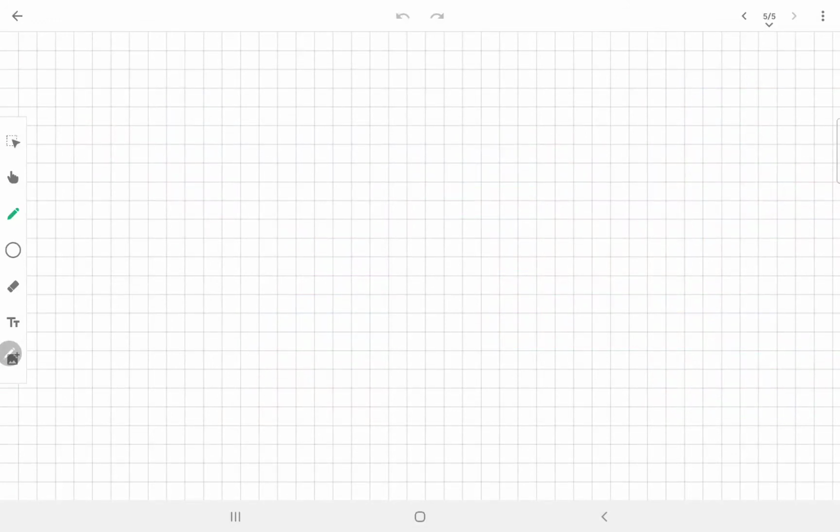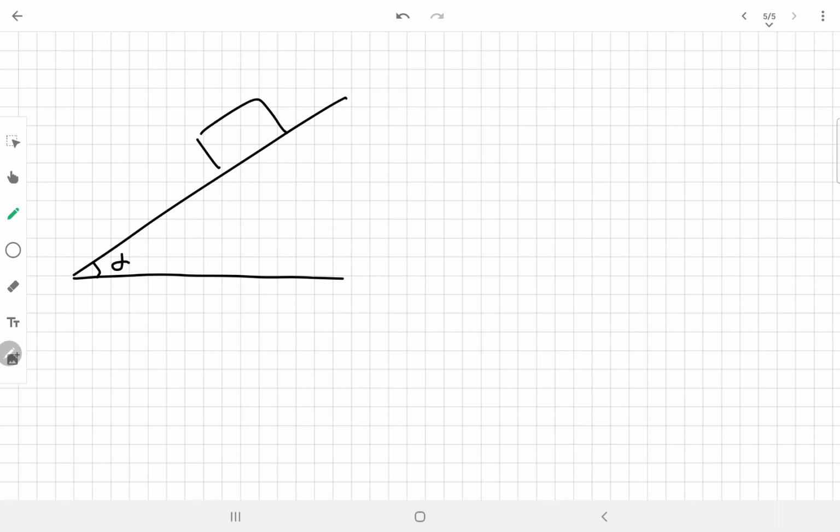Now let's consider motion on an inclined plane, but with friction force. Coefficient, let's say, equal to mu. Free body diagram: weight, normal force perpendicular to the surface, and the friction force.